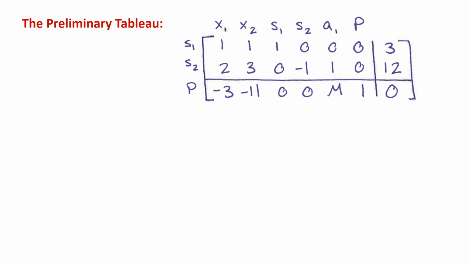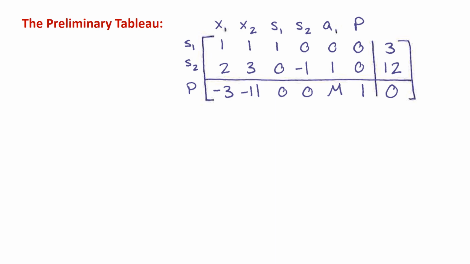So my column labels are x1, x2, s1, s2, a1, p, and then I have my constant column because this is an augmented matrix. Row 1's values come from the coefficients of problem constraint 1. So we have 1, 1, 1, 0, 0, 0, 3.